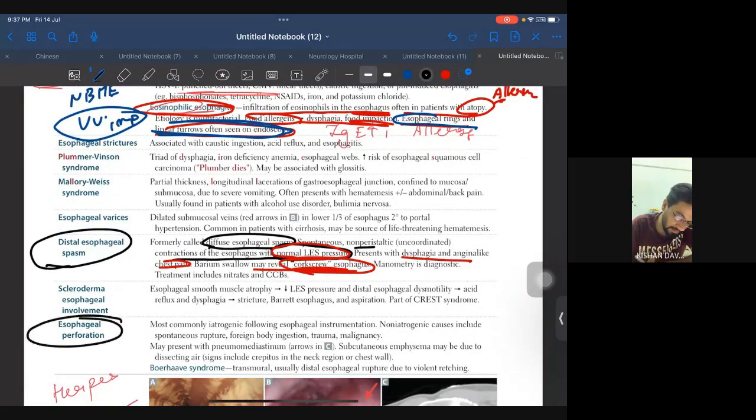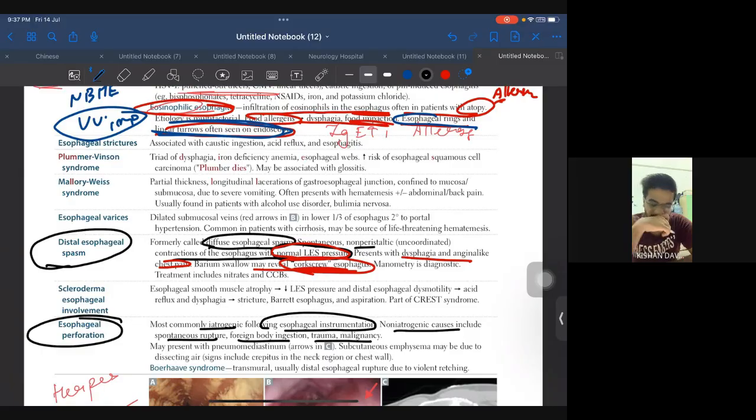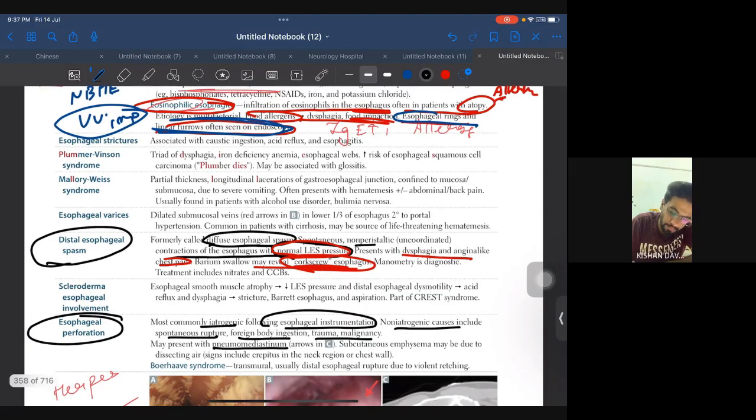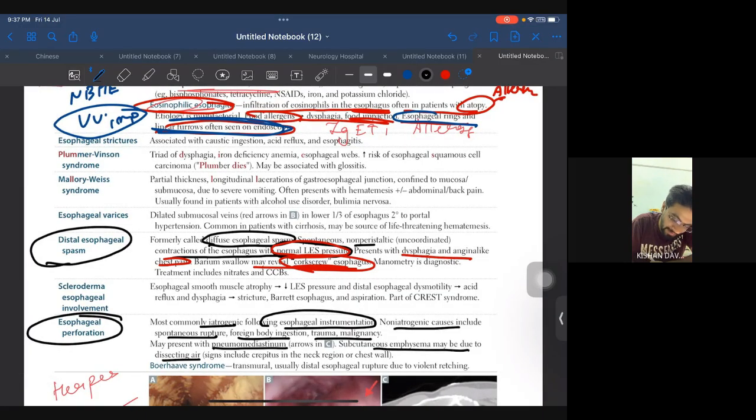Next one, esophageal perforation. Most commonly iatrogenic following esophageal instrumentation. Non-iatrogenic causes include spontaneous rupture, foreign body ingestion, trauma, and malignancy. If that is the case, they will say post-surgical, with bleeding from the esophagus or something like that. May present with pneumomediastinum. Subcutaneous emphysema may be due to dissecting air. Signs include crepitus in the neck region or chest wall.